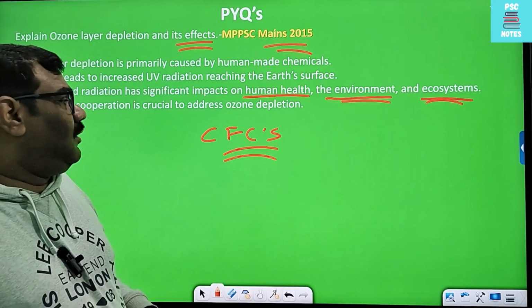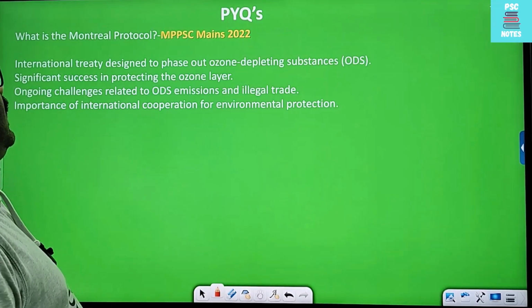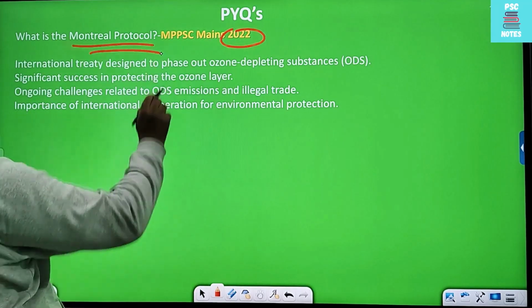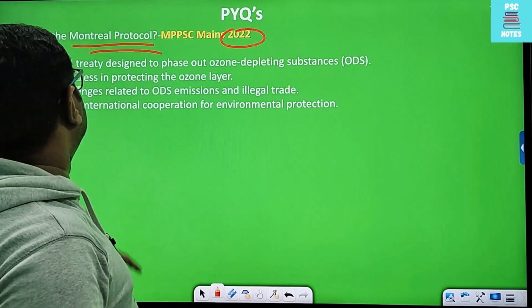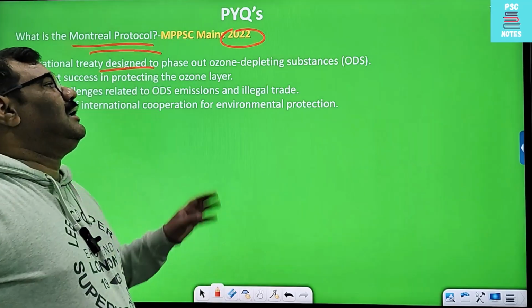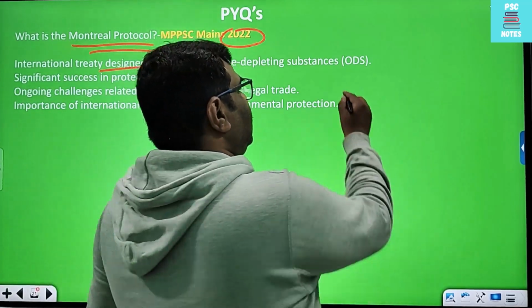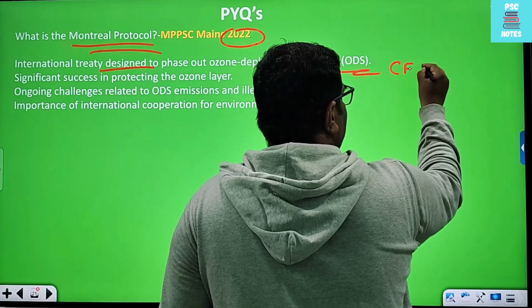Now, further in the MPPSC Mains 2022, they have asked what is the Montreal Protocol. So we can mention that it is an international treaty to restrict and phase out ozone depleting substances like chlorofluorocarbons.